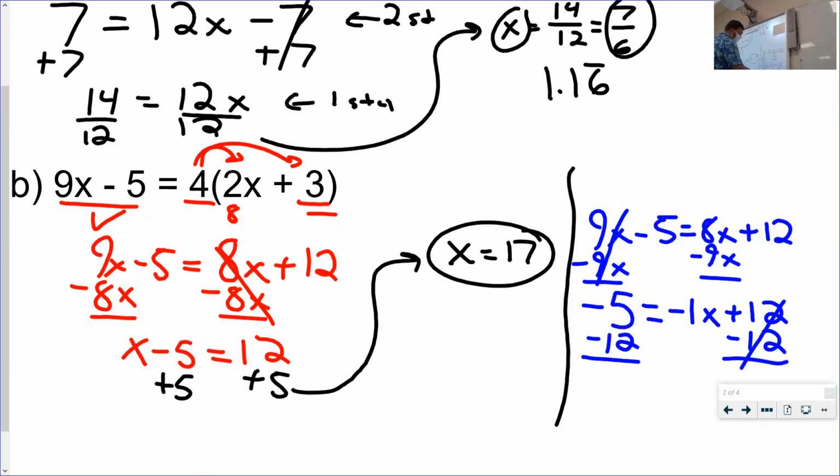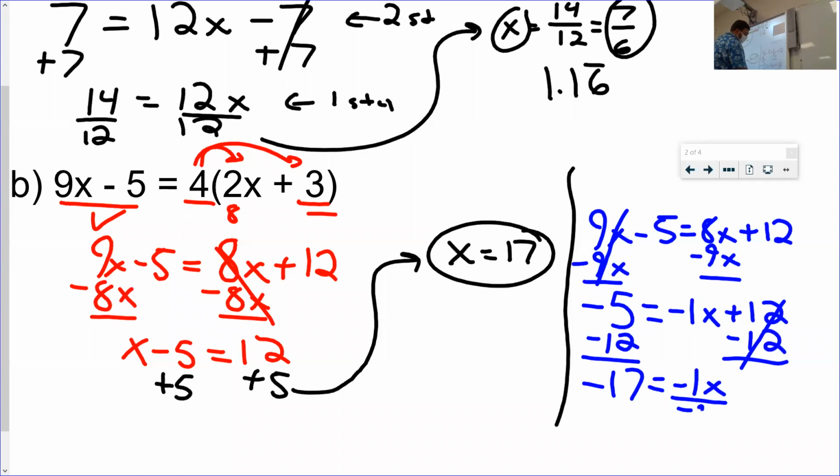Negative 5 minus 12 gives me a negative 17, equaling negative 1x. Divided by negative 1, divided by negative 1. Negative divided by negative is a positive. X equals 17. So I want you to notice that in that situation, you still get the right answer, or the same answer.